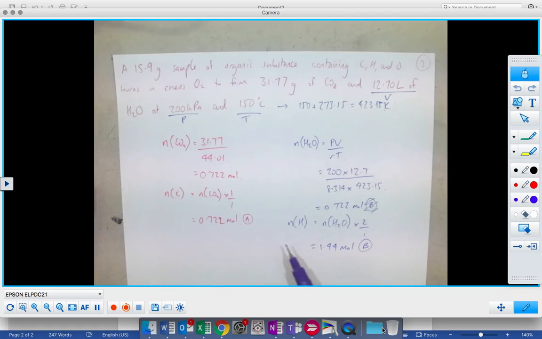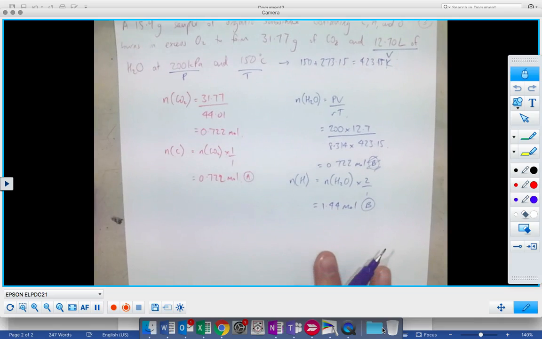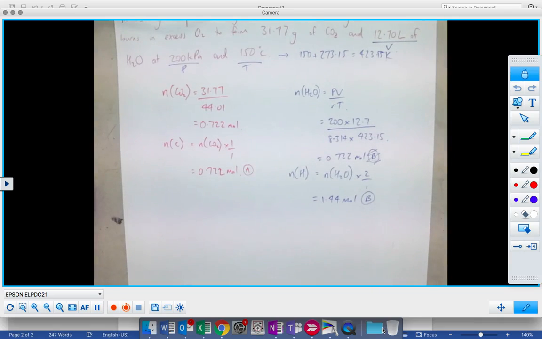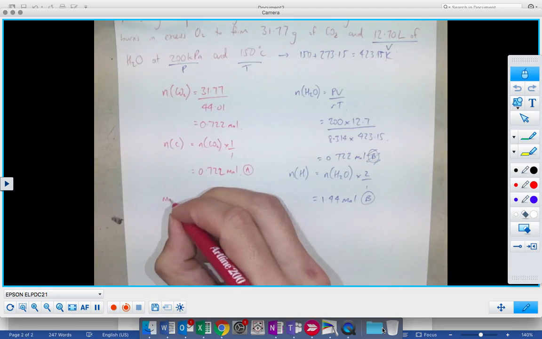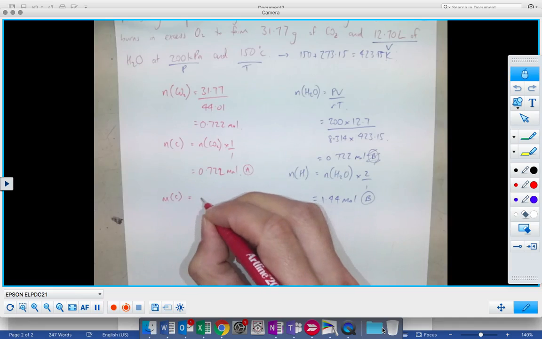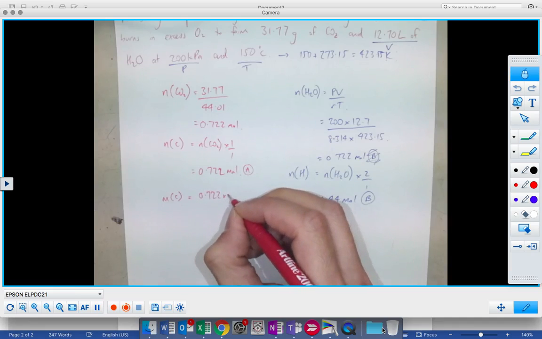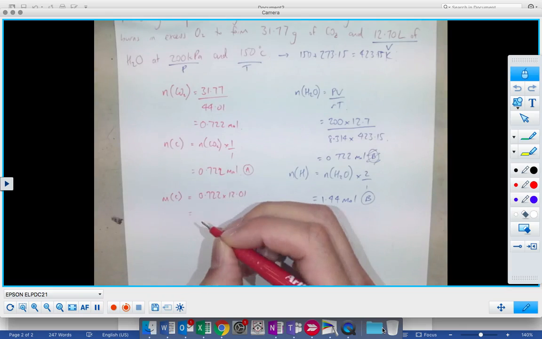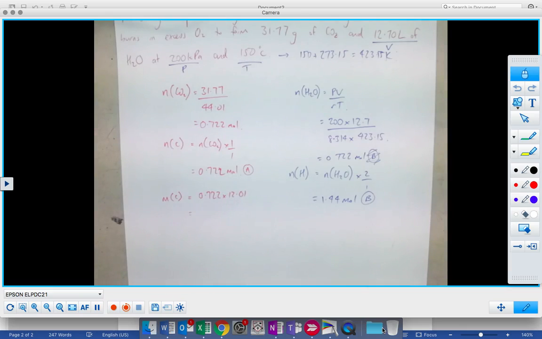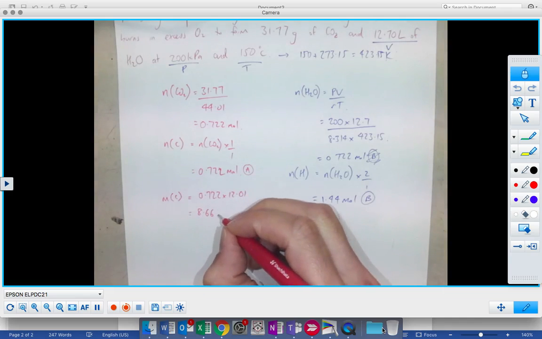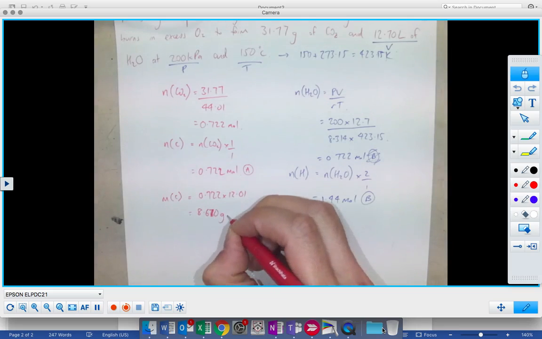So I got the number of moles of carbon, I got the number of moles of hydrogen. Now remember, to get the number of moles of oxygen, I need to work out the mass of both of those. So I work out the mass of C as 0.722 times 12.01. Isn't that great that I saved that value? A times 12.01, 8.70 grams.